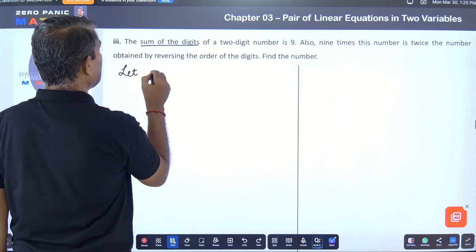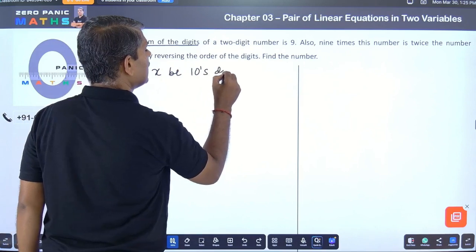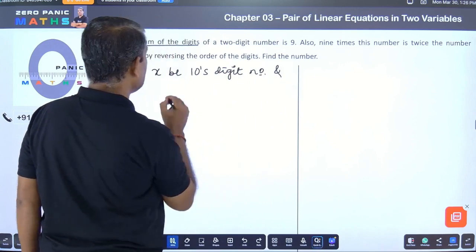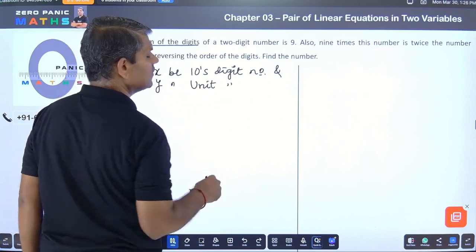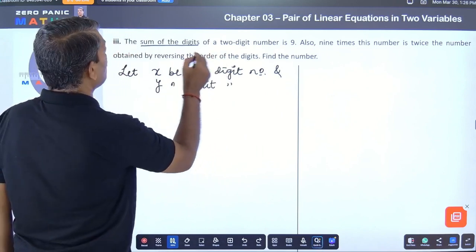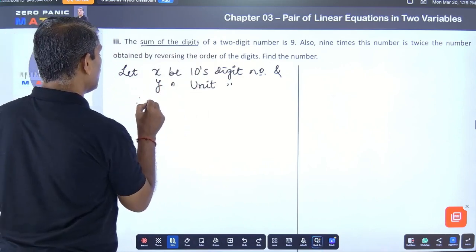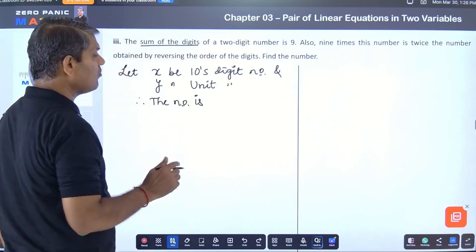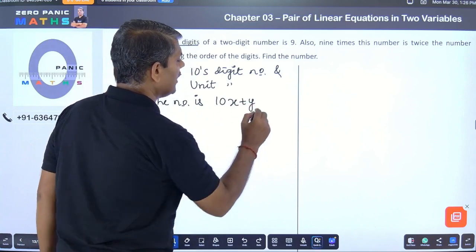Let x be the tens digit and y be the unit digit. So what will be the number then? The actual number is 10 into x plus y, right?